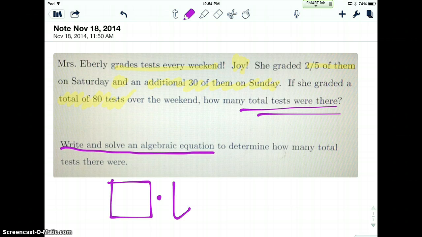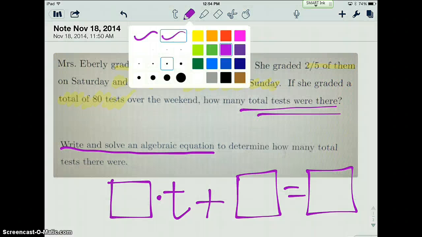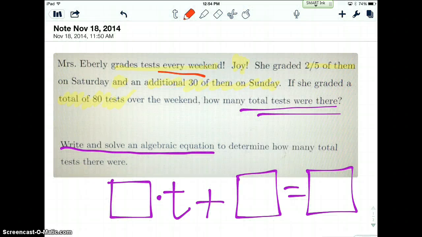So let's call it T. Plus something equals a something. So what are those somethings? Well, let's start with this part. An additional 30 of them on Sunday. There it is, additional 30. So I'm going to have a plus 30.